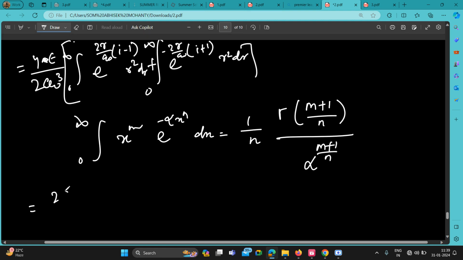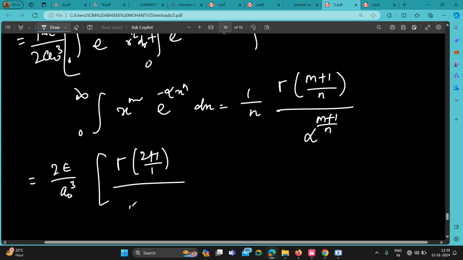So that will be 2 epsilon by a naught cube. It is in 0 to infinity, so that will be 1 by n. n is 1. So gamma of 2 plus 1 by 1, divided by alpha. Alpha is this whole thing, 2 by a naught (i minus 1) to the power (m plus 1) by n, that is 3.